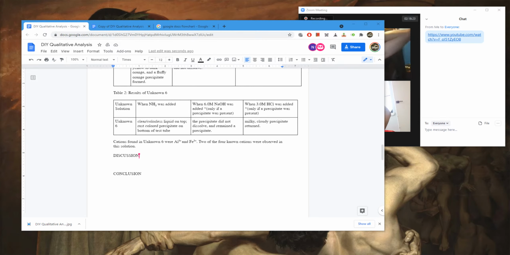I got the acidic salt stuff. Okay, yeah, I got it. Okay, discussion. Reiterate your results. Okay. Oh yeah, sources of error and stuff. Okay.